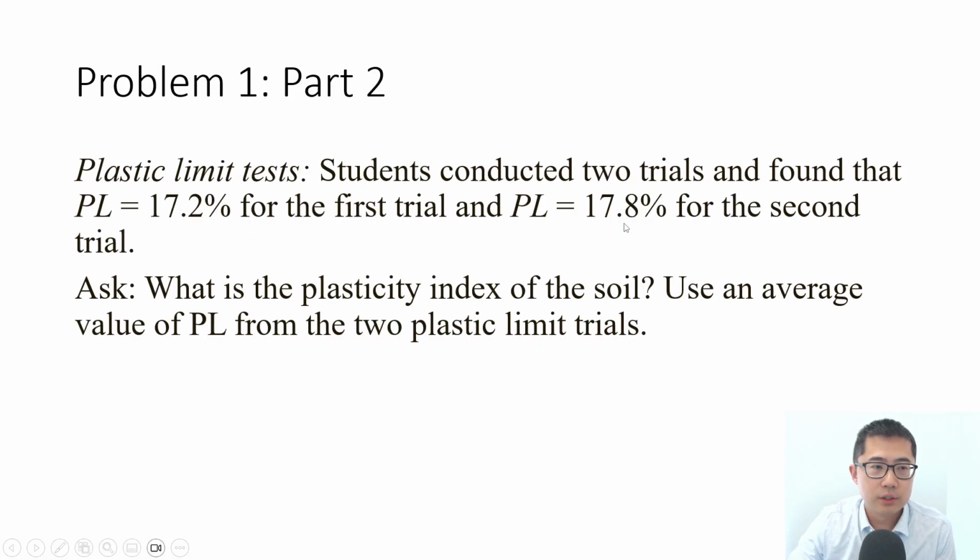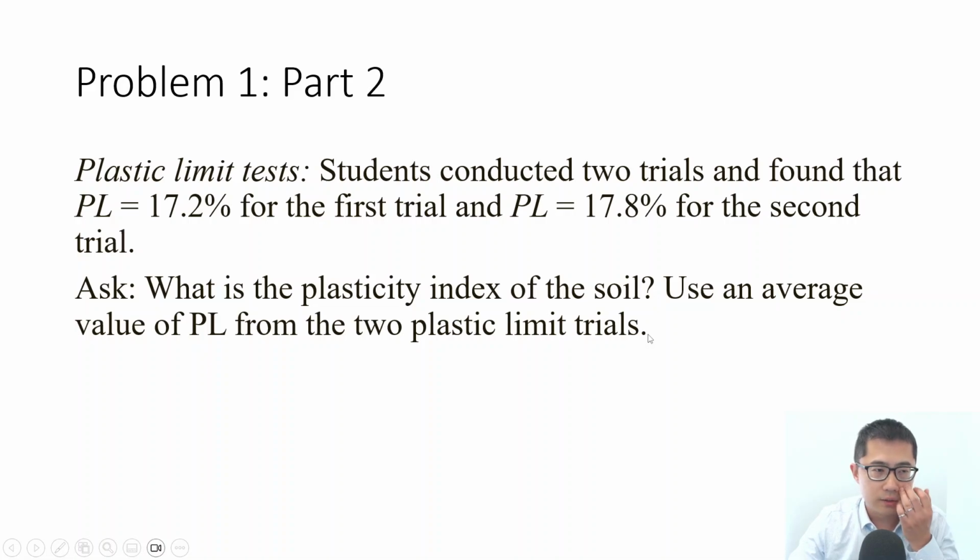Okay, let's move on. So part two, about plastic limit. Students conducted 2 trials and found that PL is 17.2% for the first trial and 17.8% for the second trial. What is the PI of the soil? You use an average value of PL from the 2 plastic limit tests.